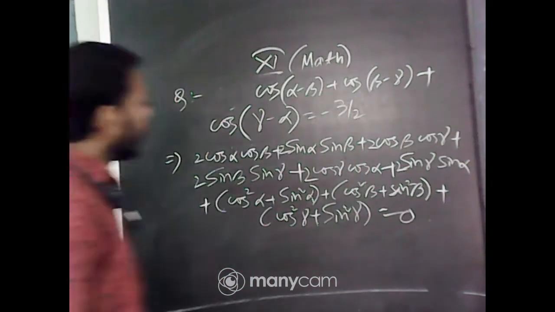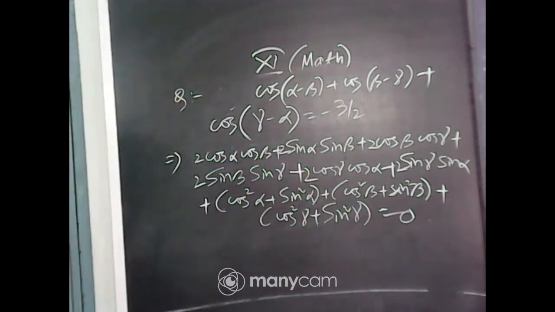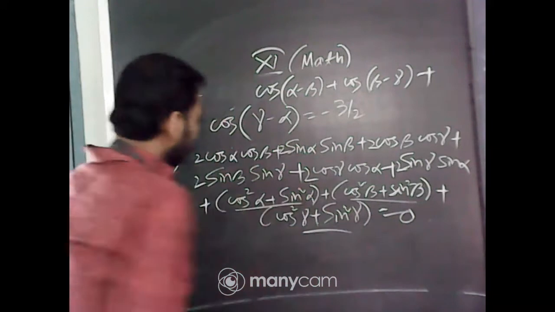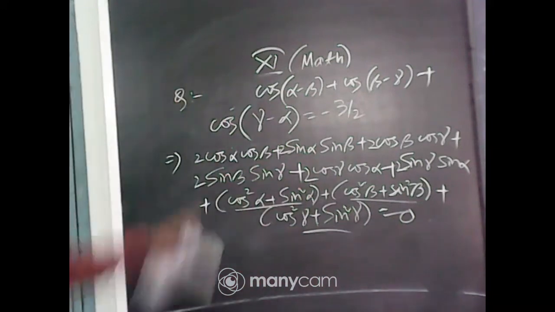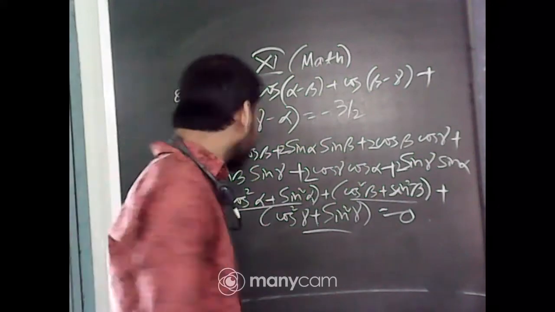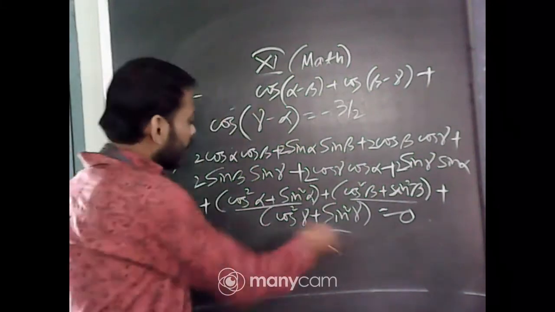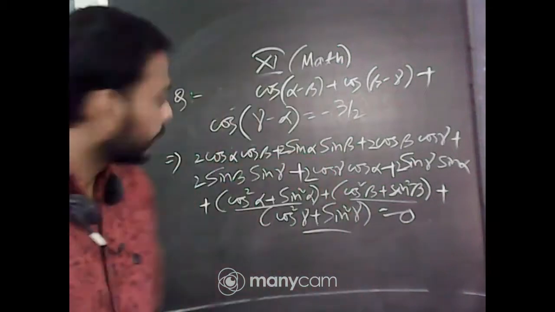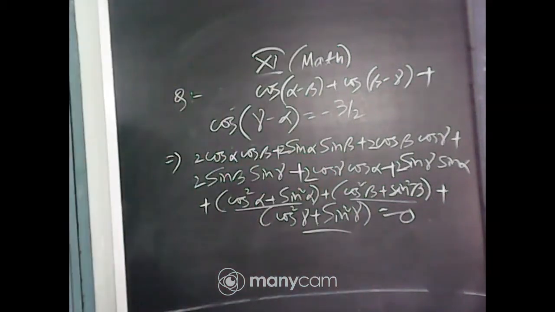The minus 3 whenever moved to the LHS will be plus 3, and instead of plus 3 we may write 1 1 1. First one means cos square alpha plus sin square alpha, the second one is cos square beta plus sin square beta, and the third one is written as cos square gamma plus sin square gamma. Is it all right up to this line?